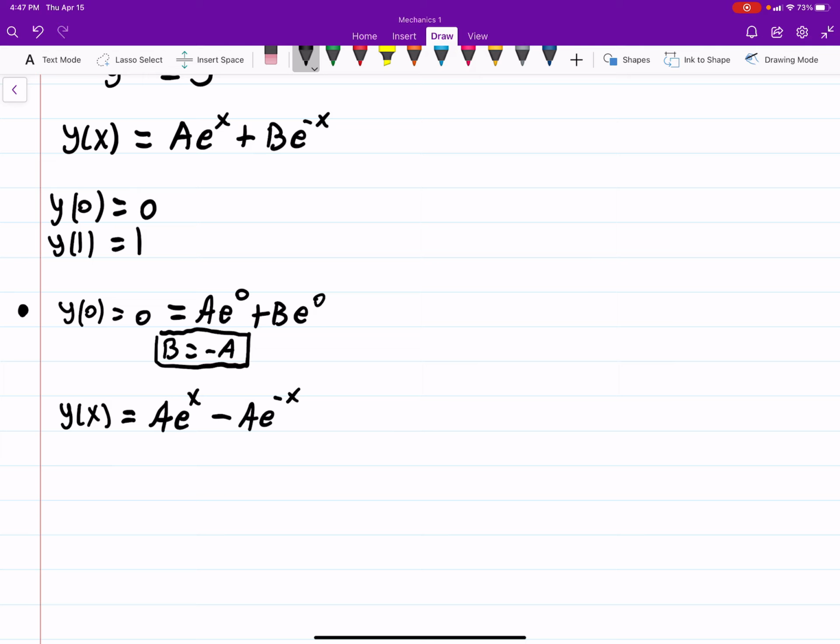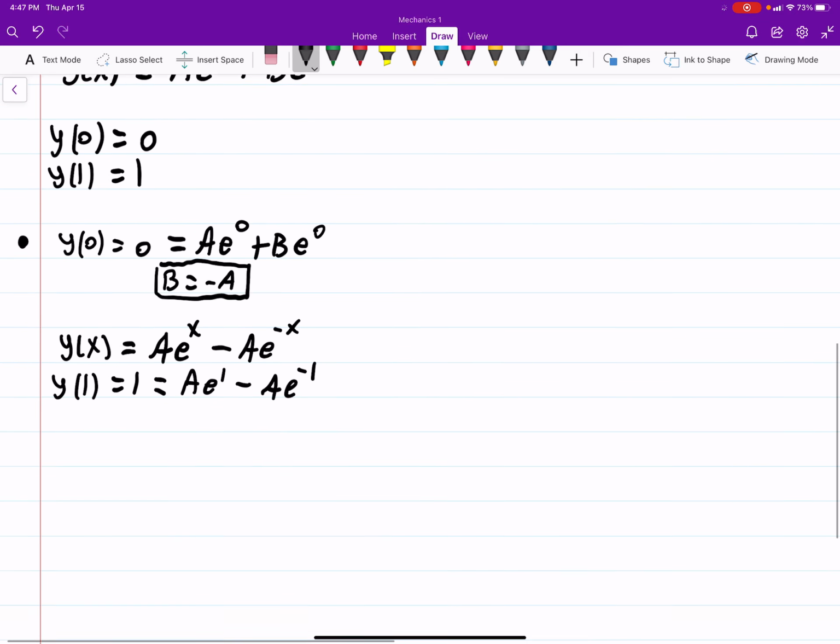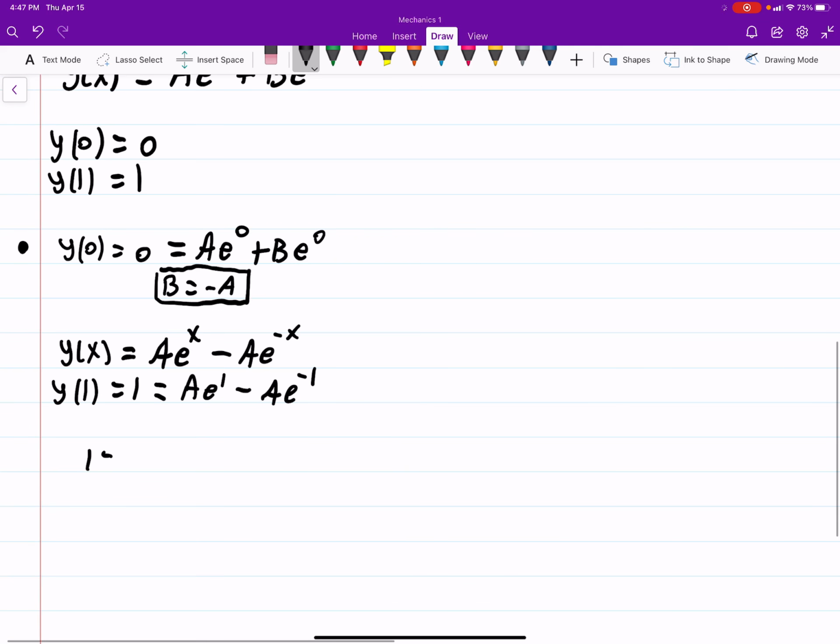And we can solve for a now by using y of 1 equals 1 equals a e to the 1 minus a e to the minus 1. I could say then, factoring out an a, e to the 1 minus e to the negative 1, and then I find that a is equal to 1 over e to the 1 minus e to the negative 1.